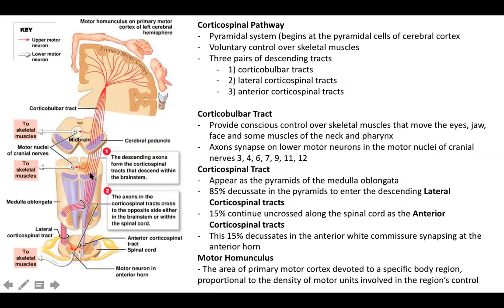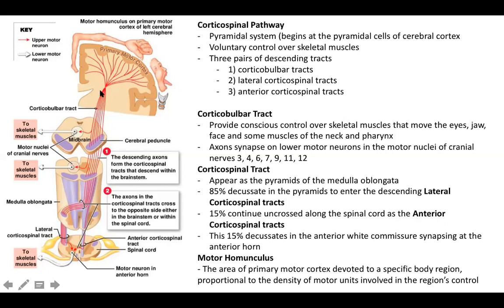Okay. When we get down to the medulla, 85% of that crosses over, decussates at the medulla, and goes down to the opposite side. After it crosses over, it becomes the lateral corticospinal tract. There is 15% that stays on the same side, goes down the anterior corticospinal tract, and then decussates at the spinal level.